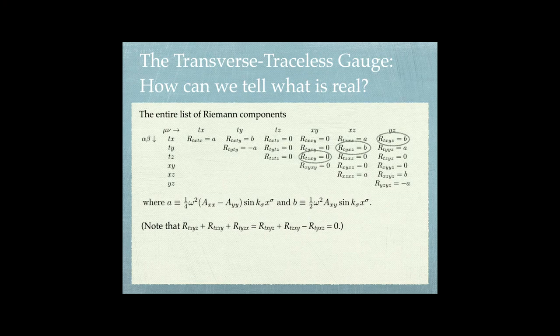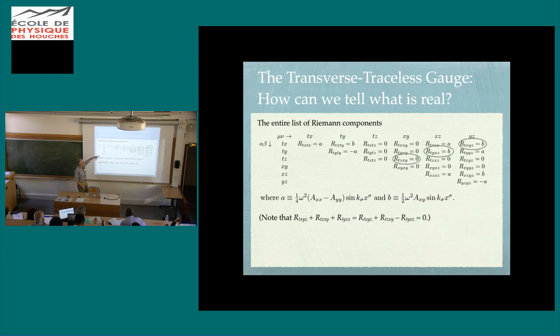So the entire list of Riemann components, if you work it out, now I won't completely vouch for all the signs because I was just working this out a couple of days ago and I haven't really had time to check them all, but I will verify that everything depends on either A, B, or is identically 0, where A is that difference between the a_xx component and the a_yy component, and B is related to the off-diagonal component.